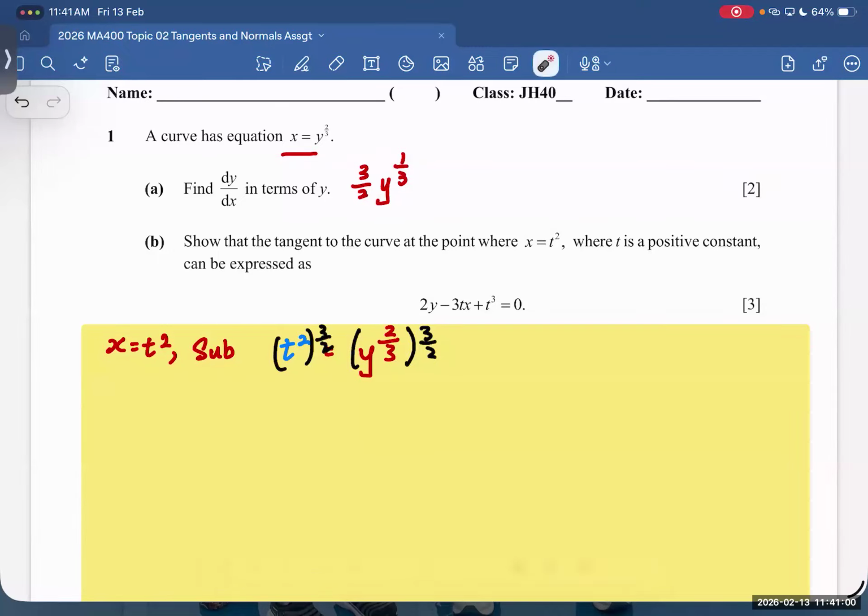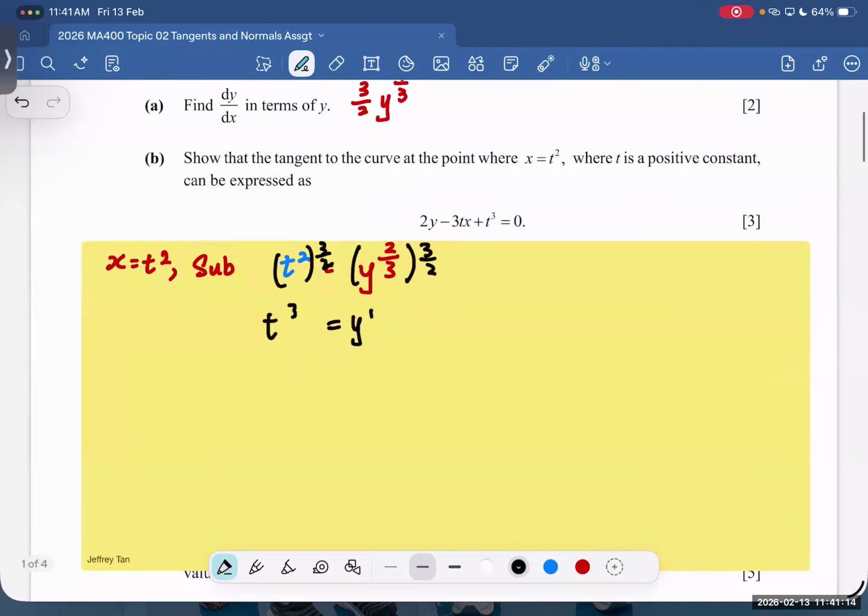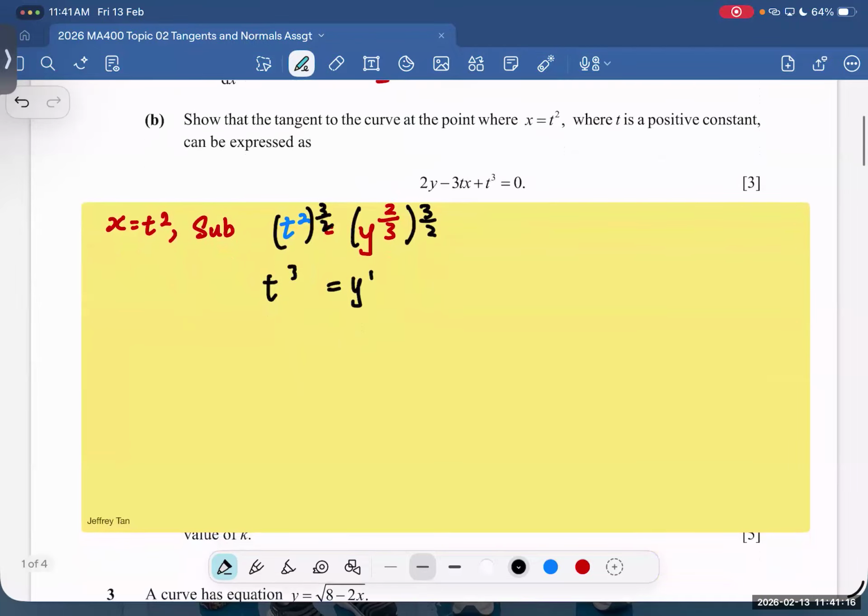So you notice when it's 2/3, I will power the reciprocal. This will allow me to get y power 1. Then on the left hand side is t to the power of cube. So y equals t cube. Then my x1, y1 will be t squared, t cube.